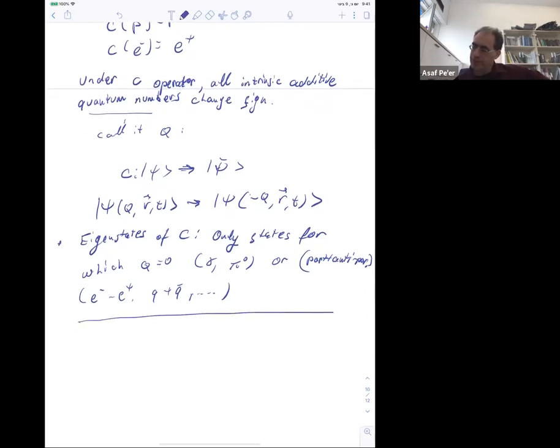Now again, a few comments. Unlike P, space and time are not affected by this transformation.